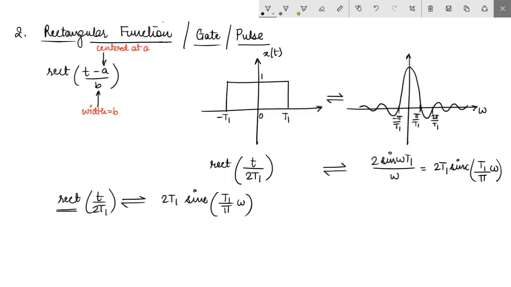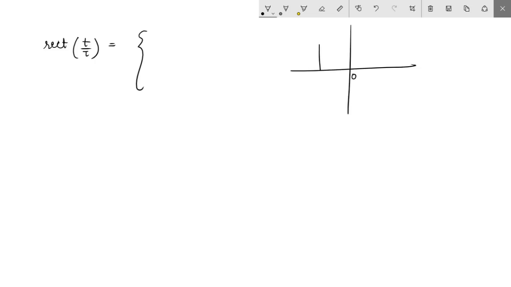It must also be noted that typically we would say that the value at minus t1 and t1 is undefined, or we would say it's either 1 or it's 0. Typically, while defining rect functions, say of the form rect of t by tau, this means this is centered about 0 and has a total width of tau. That means it varies from minus tau by 2 to plus tau by 2, and has a value 1.